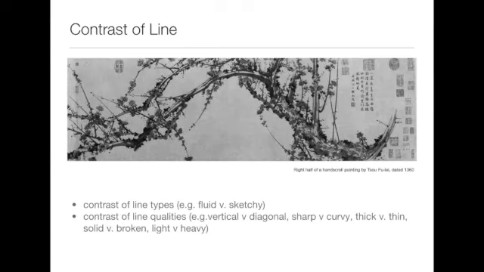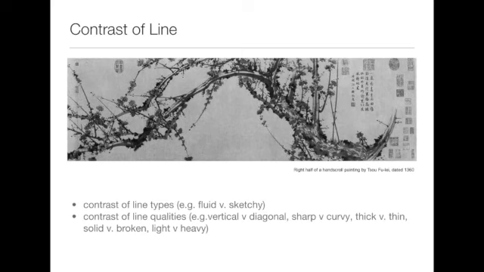So we have contrast of line. We've talked about this in other videos, but we have different line types. We could contrast the sketchy versus the fluid. We can contrast the qualities of the vertical versus diagonal, the sharp versus the curvy, etc. In this image from the Far East, we can see a whole lot of line being used in very, very different ways.